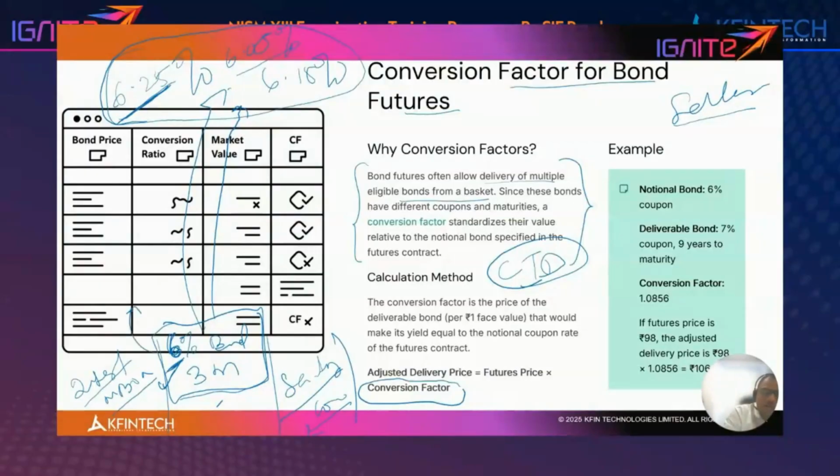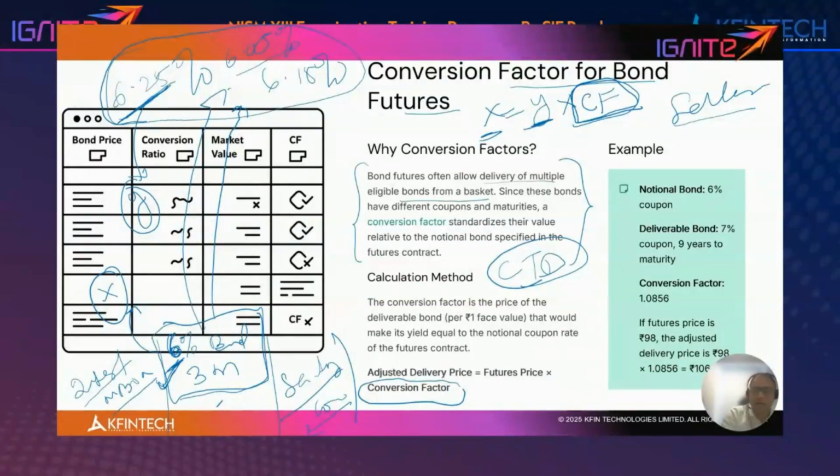So 6% will have a price say X and 6.25 will have a price of say Y. Now to make X equal to Y, I will have to use a conversion factor. This conversion factor will make sure that X is equal to Y, so that the bond which is to be delivered will be the one which will be computed based on the conversion factor.